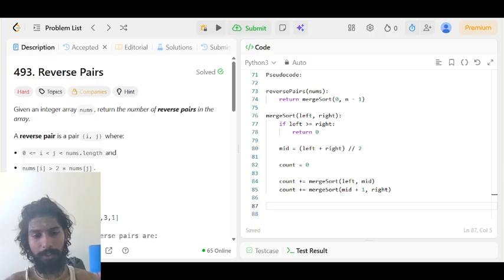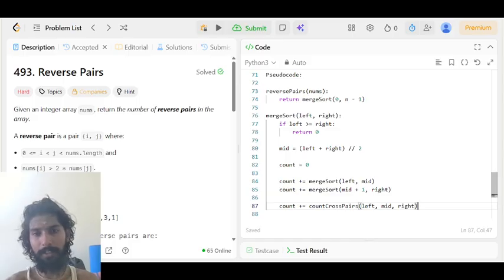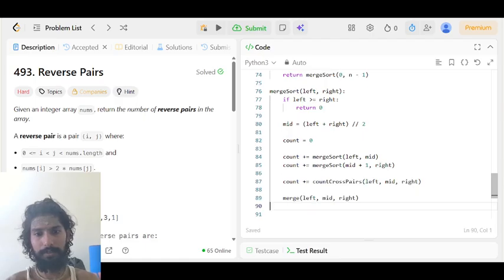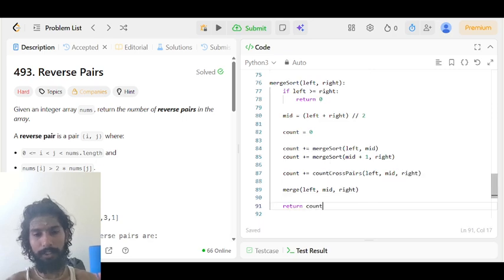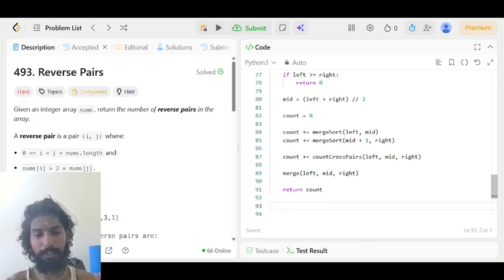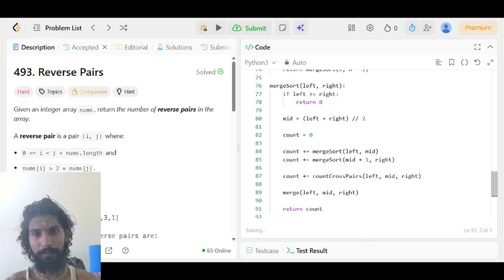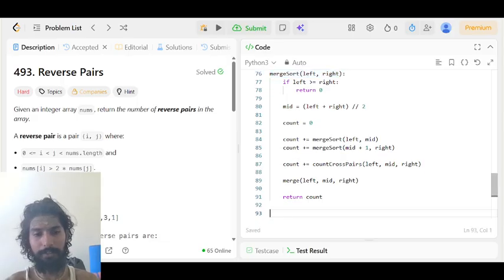Then we count the cross pairs. Then finally we merge the left and right half. And at the end we return the count. Count indicates the number of reverse pairs in this array range.